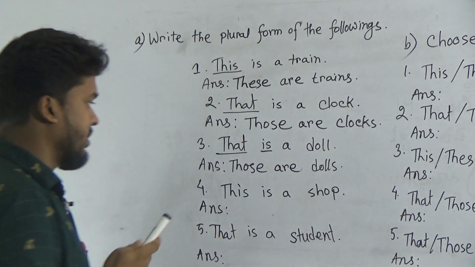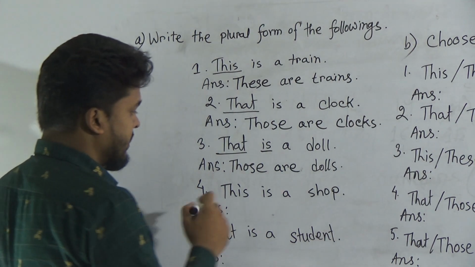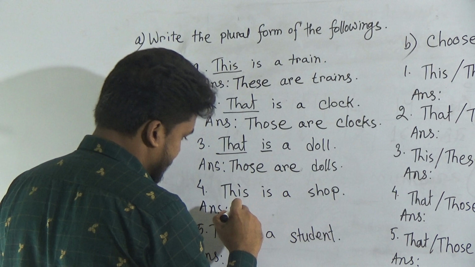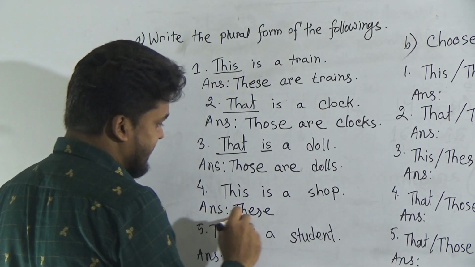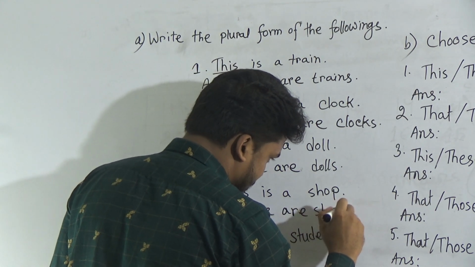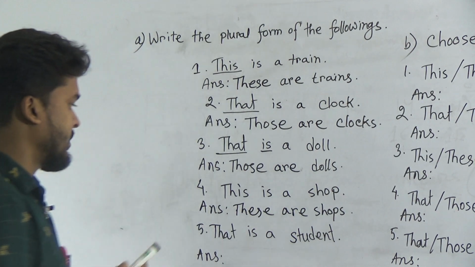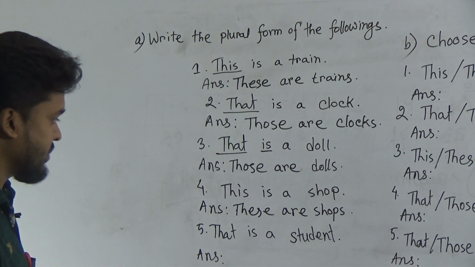Those are dolls. Number 4, this is a shop. And here the plural is these are shops. These are shops.